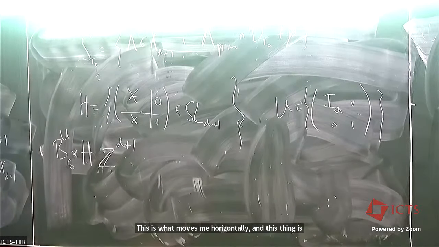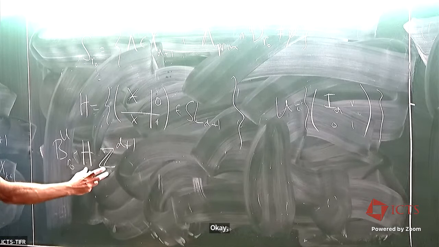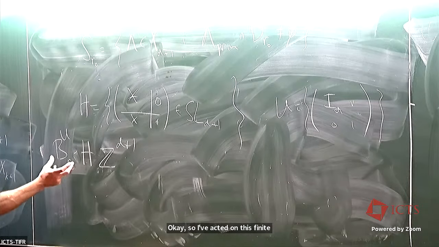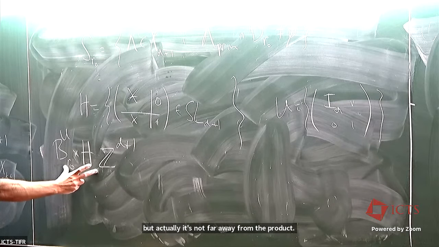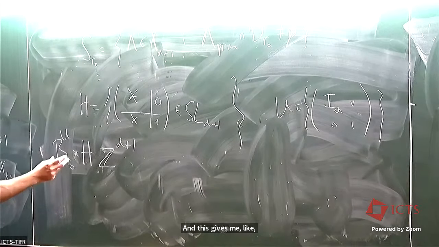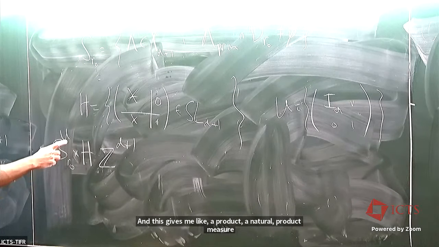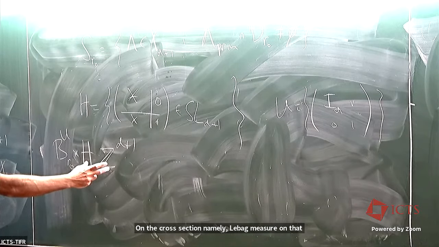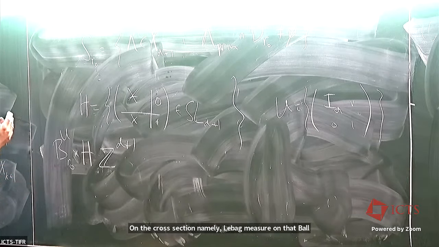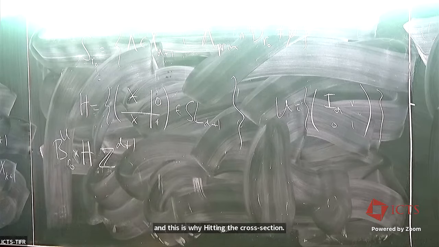Okay, so I've acted on this finite volume orbit with this compact part of this transversal group, but actually it's not far away from the product, and this gives me a natural product measure on the cross-section, namely Lebesgue measure on that ball times the periodic H-invariant measure on this finite volume orbit. And it's not hard to show that this is exactly the cross-section measure. Okay, and this is why hitting the cross-section gives us this nice equidistribution statement.